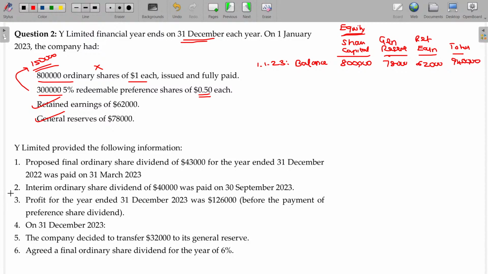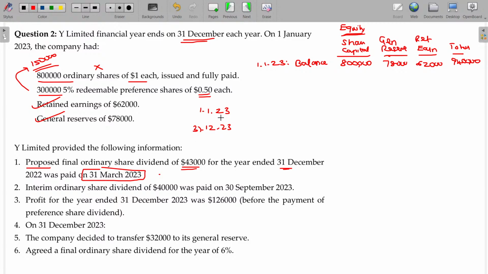Y Limited provided the following information. Proposed final ordinary share dividend $43,000 for the year ended 31st December was paid on 31st March 23. So the year ends on which date? 31st December. So we are going to prepare for which period? 1st January 23 to 31st December 23.